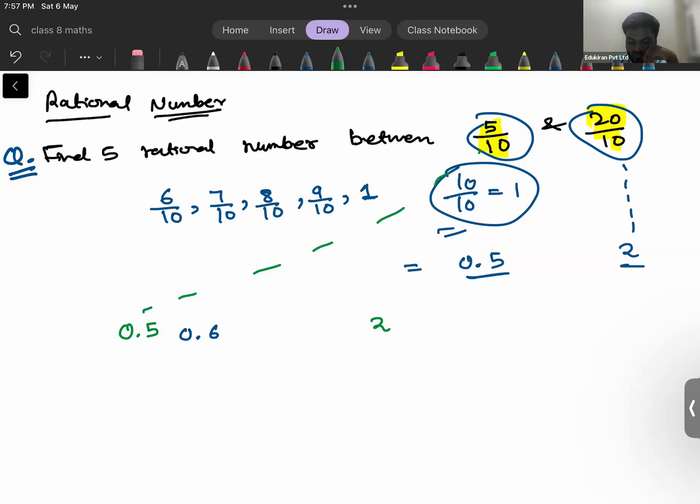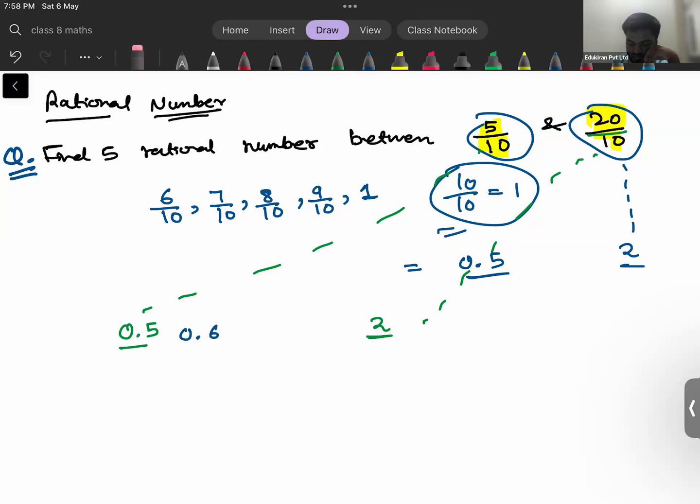It is basically 5 upon 10. When you divide 5 by 10, you get 0.5. And 2 is the same number as 20 upon 10. When you divide 20 by 10, you get 2.